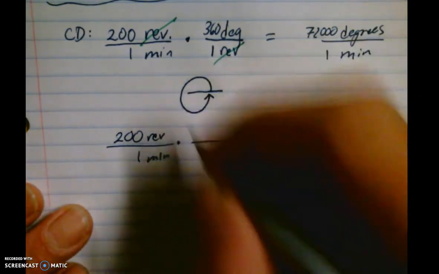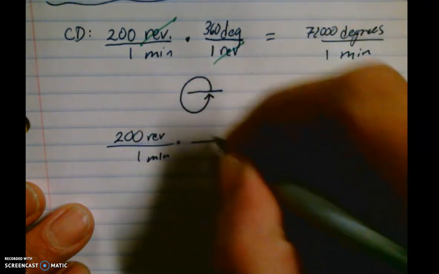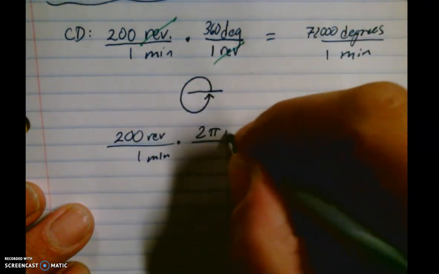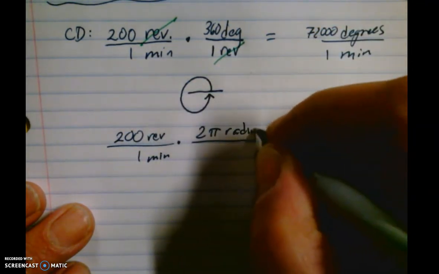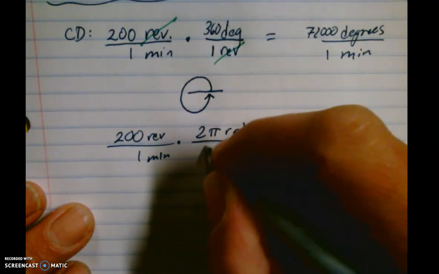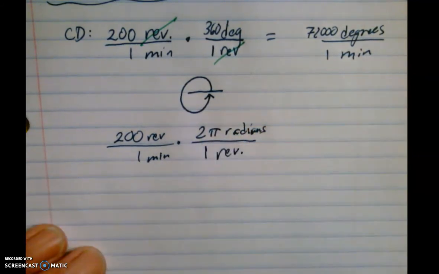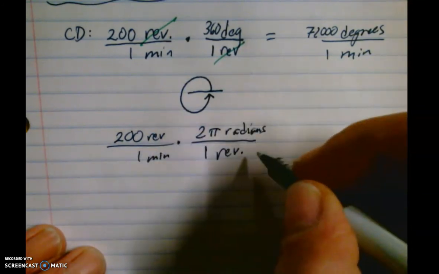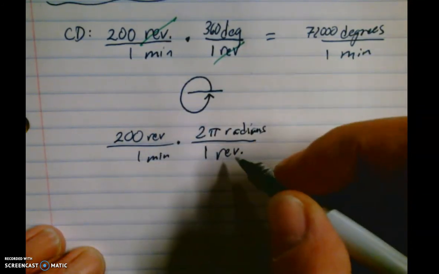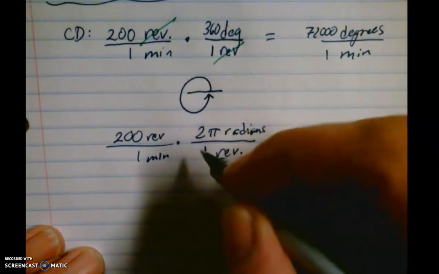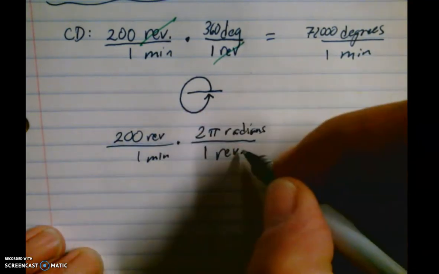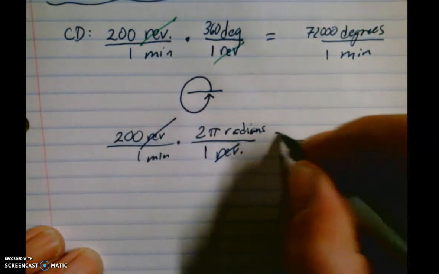Now, if we're doing radians, it's the same thing. 1 revolution is 2 pi radians. The way I know it has to be this: do I multiply by 2 pi or divide by 2 pi? 2 pi has to be on top, because that's the only way revolutions would cancel.